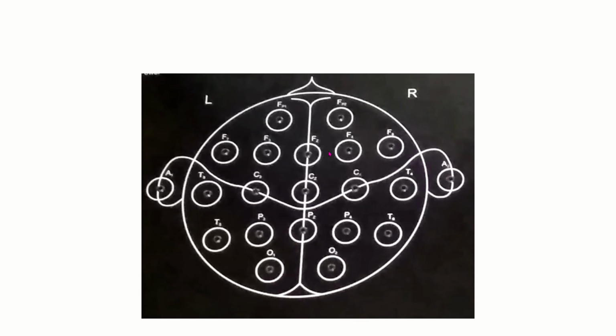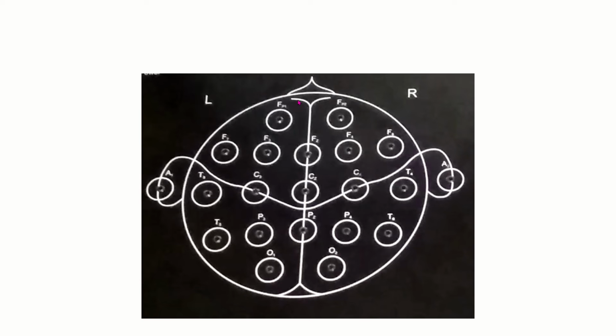If we further look into the electrodes of the simulated scalp, it comprises the channels which are placed at the standard electrode placement of 10-20. This figure shows the left hemisphere of the scalp, written by L here.